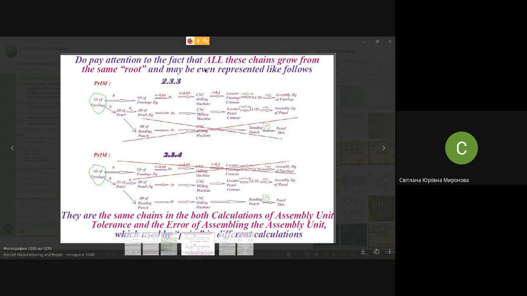When you're working on item 233, you are using the top 2 chains. When you are working with item 234, you are working with the bottom 2 chains. Like with the first and second chain, and here you are working with the second and third chain. That's it.